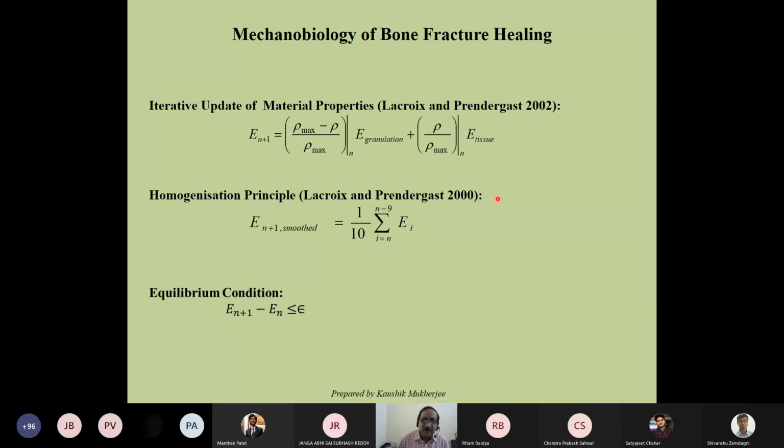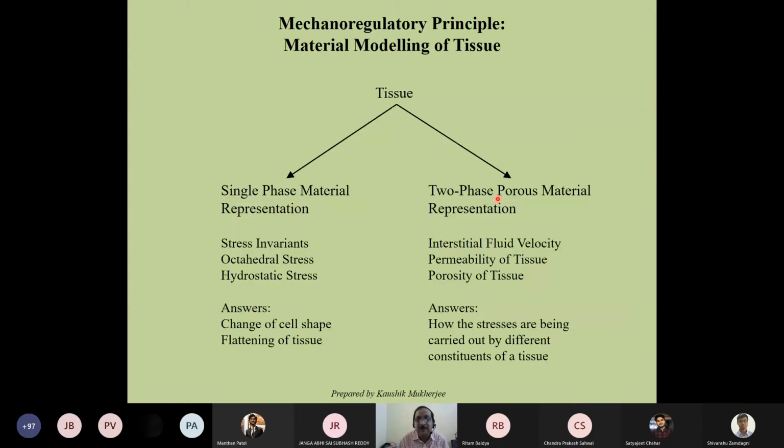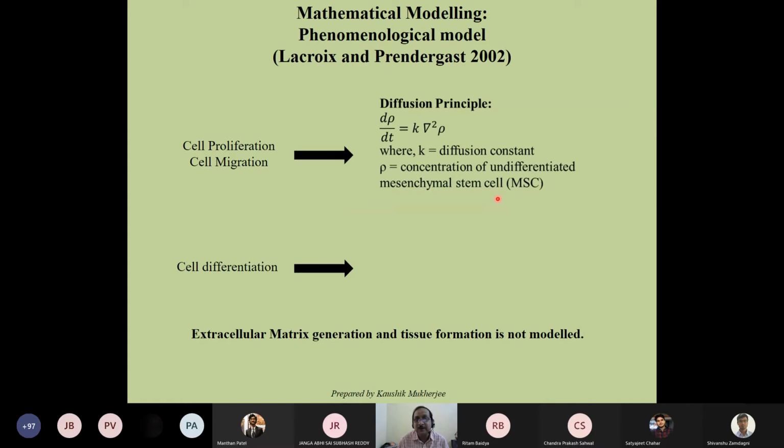Now, if you are using the phenomenological model, the shortcut model, which does not explicitly model proliferation and migration but uses a combined modeling approach with the diffusion principle, this is basically cell concentration.